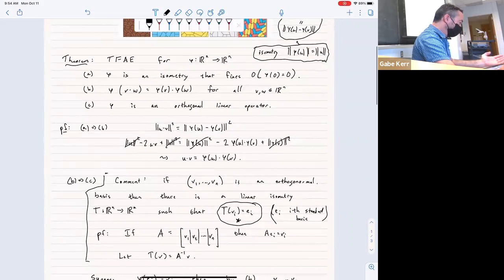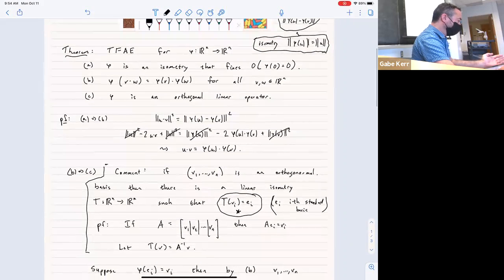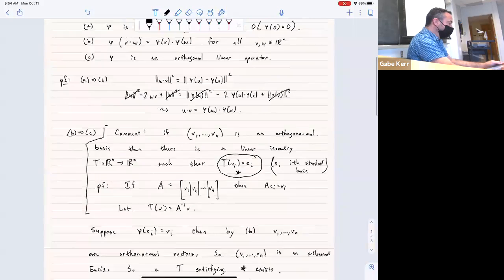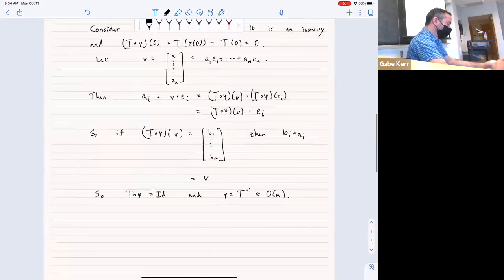So that's B implies C. Of course, C implies A is immediate. C implies A follows from the fact that orthogonal linear operators preserve dot product, which means that they preserve norm, or magnitude, which is length. This follows from what we've already done.